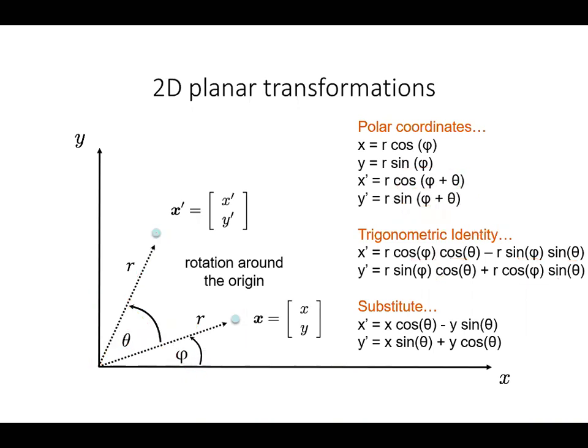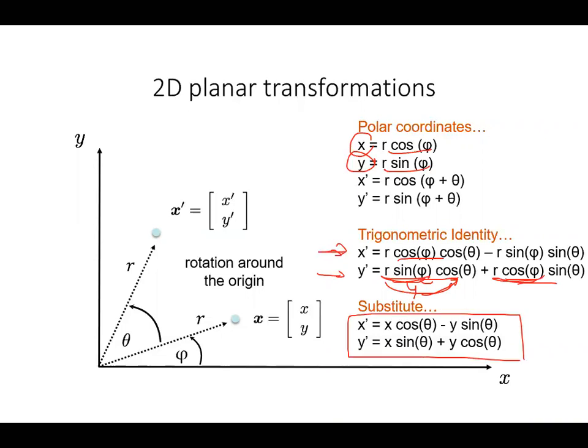So now I have the x dash and y dash in this representation, but I can easily substitute r sine phi by y, and r cosine phi by x. Then you plug it in and you will get what I told you in the previous slide.